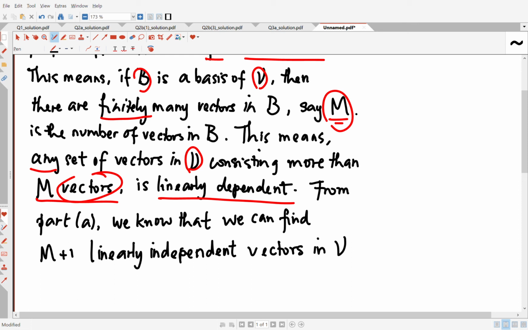Which is a contradiction here, because here we say that any set of vectors in V consisting of more than m vectors must be linearly dependent.